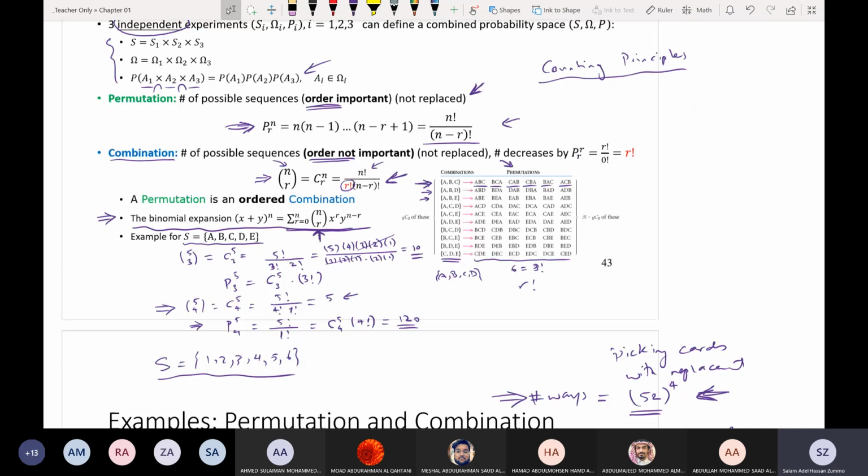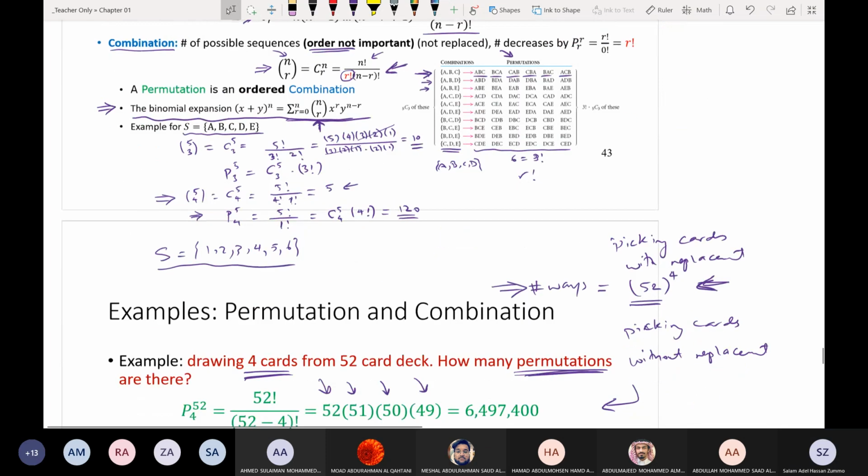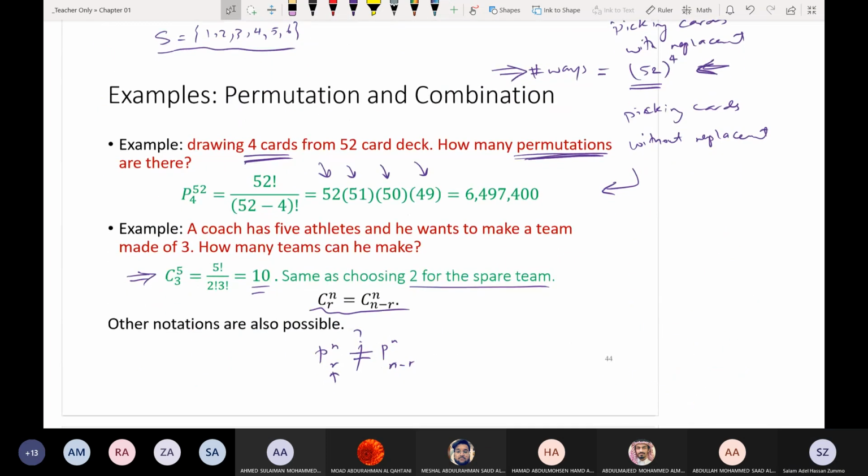Any question? Why do we always teach counting principles, permutation, combination and so on? Because they help us find the number of ways an event can happen, which helps me find its probability. This is the main motivation.